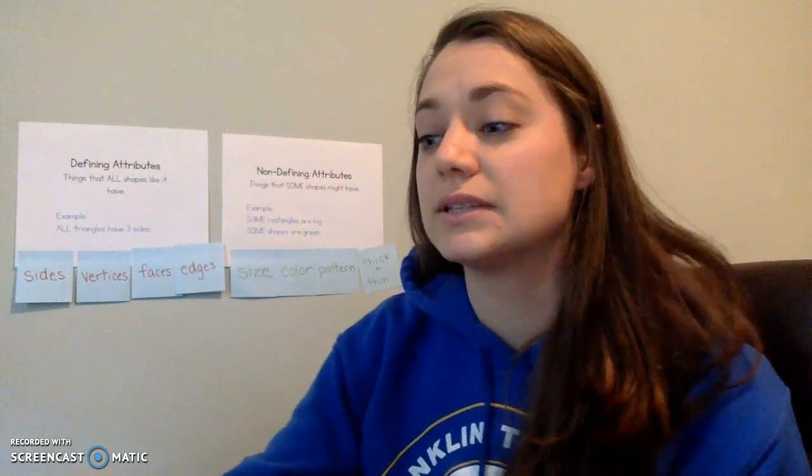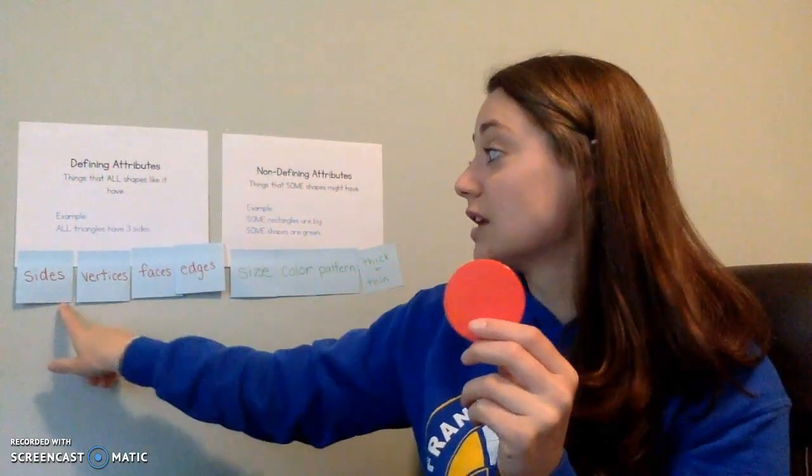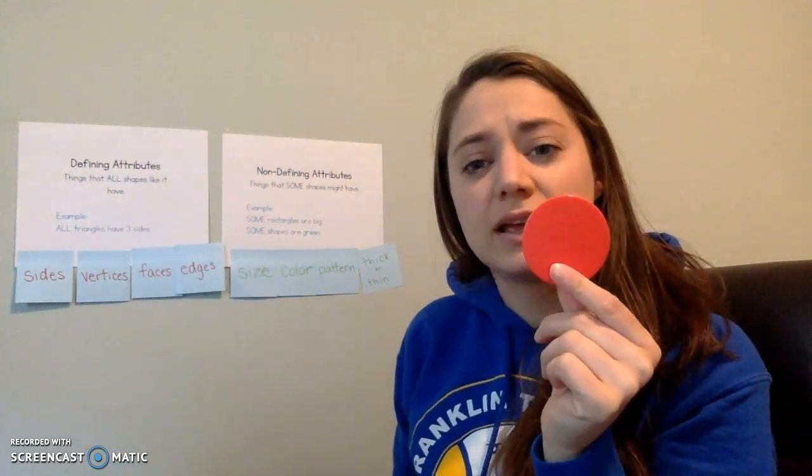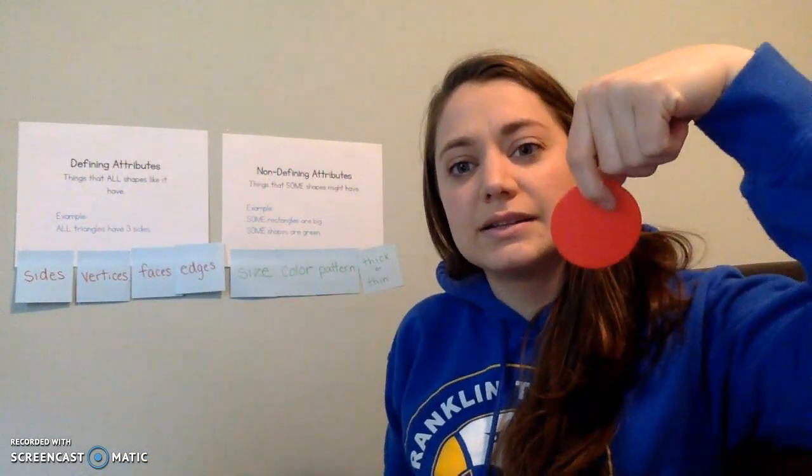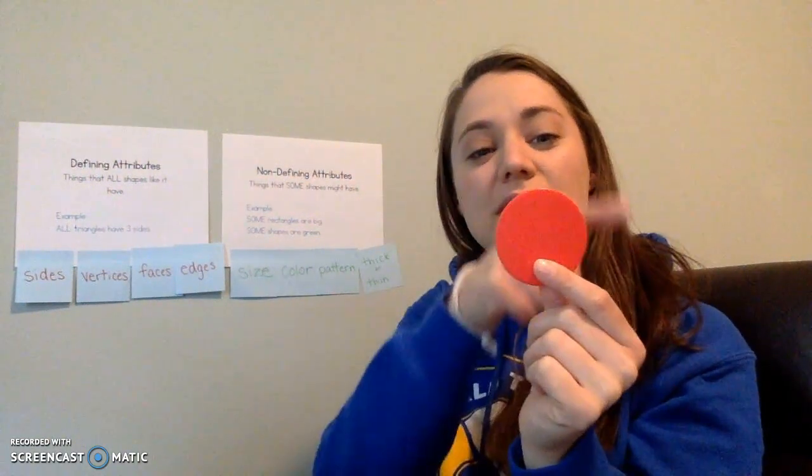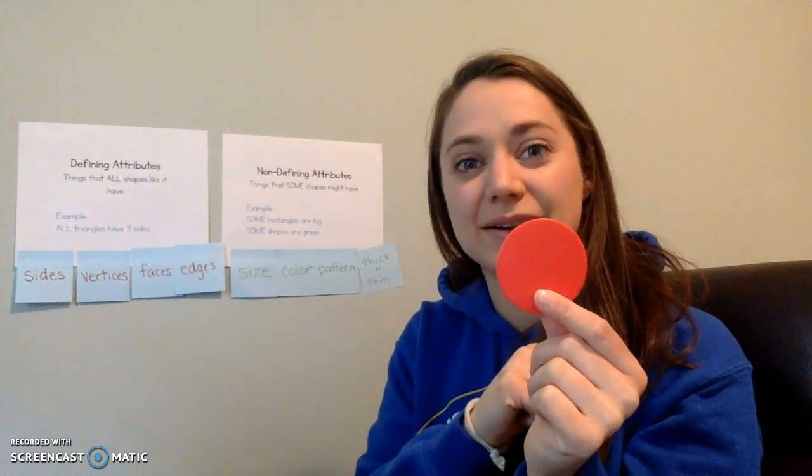Let's do another one together. I'm going to pull out this shape. You know this shape, okay? So for this shape, if I want to talk about its sides or its vertices, if I wanted to give a defining attribute, what would I say? Does it have any vertices? No. And it has one whole curved side there, okay?